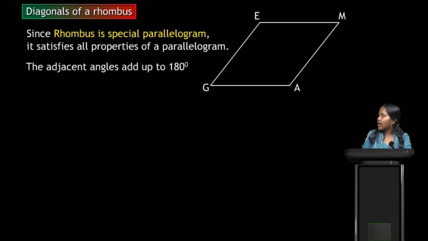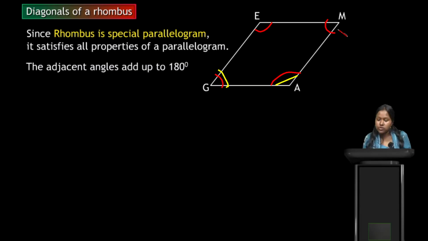Okay, so we got this one. Angles. So here you see angle E plus angle G, adjacent angles. So it will be how much? 180. Again, if you add angle A and angle M, this is 180 degrees, because in a parallelogram adjacent angle sum is 180.